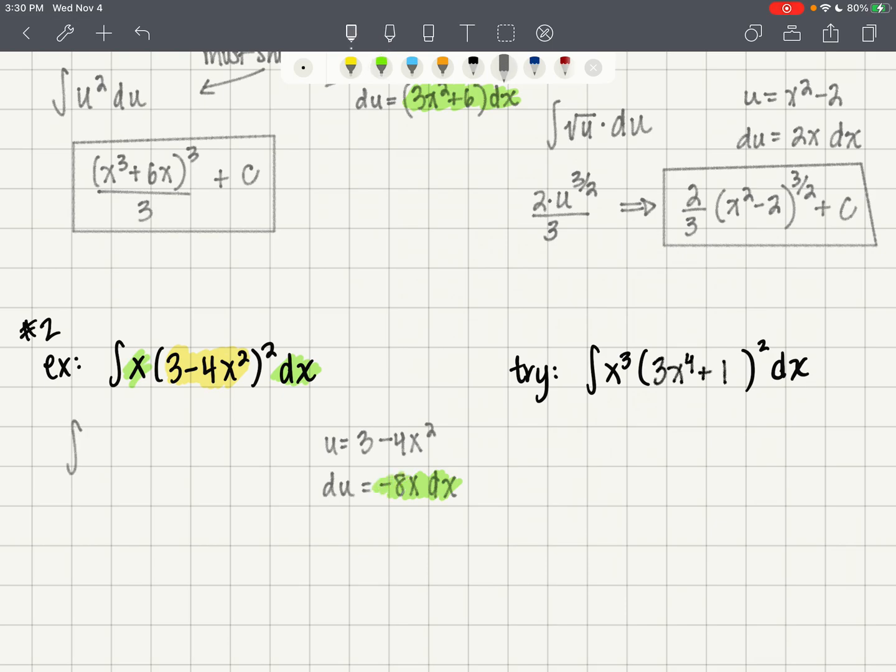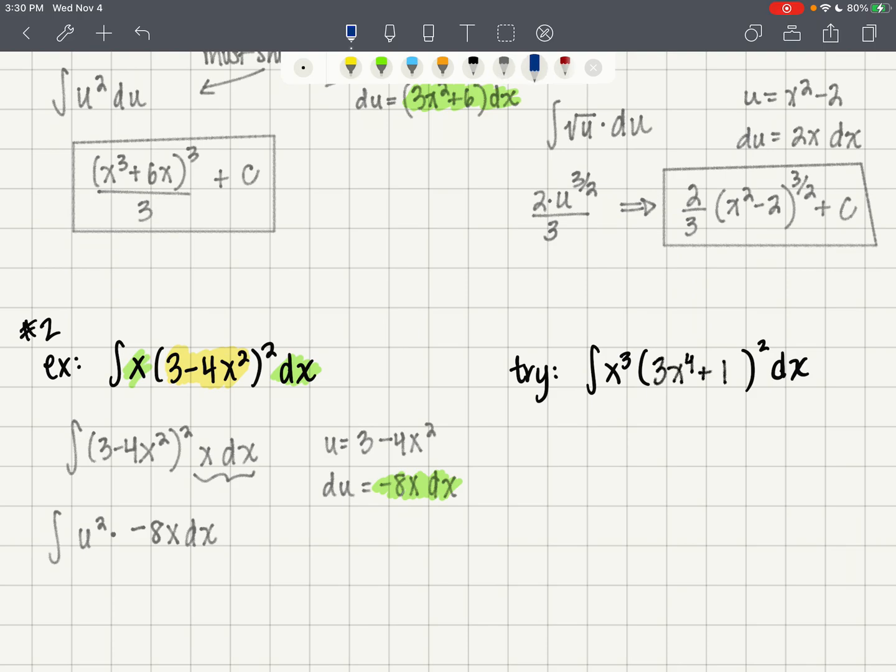So I need a negative 8 on the inside. Let me rewrite this so that you can see a little bit more clearly. This right here needs a negative 8. So I have u squared, and then I need negative 8x dx.